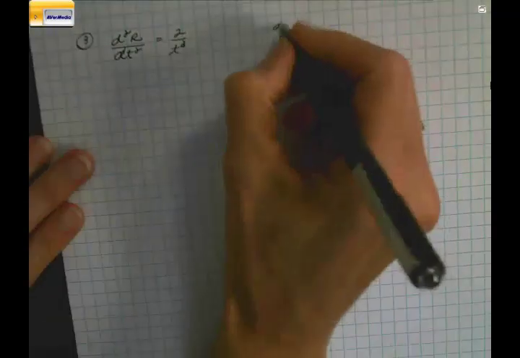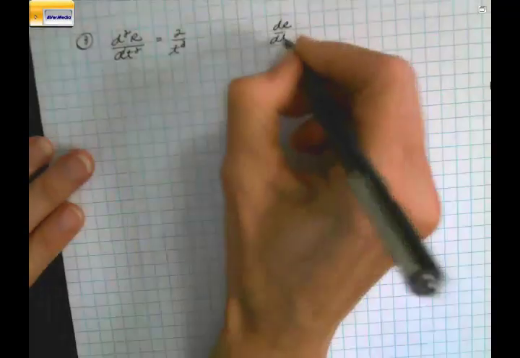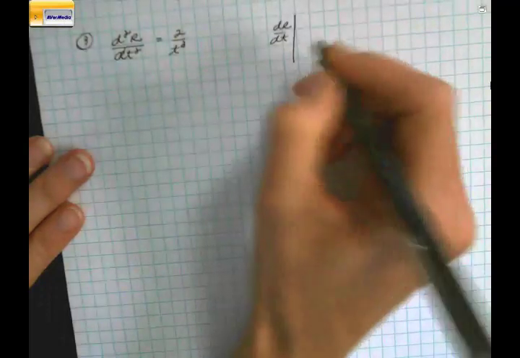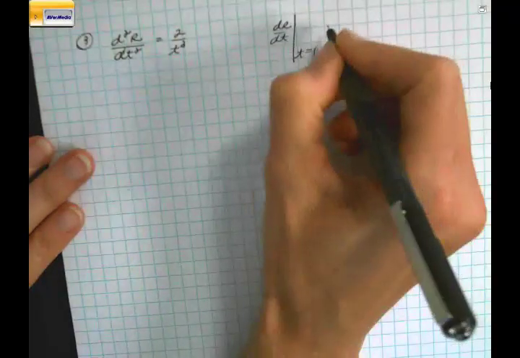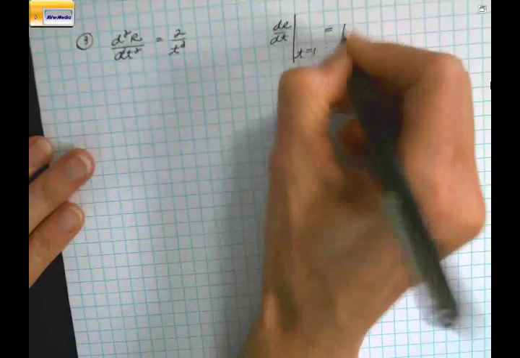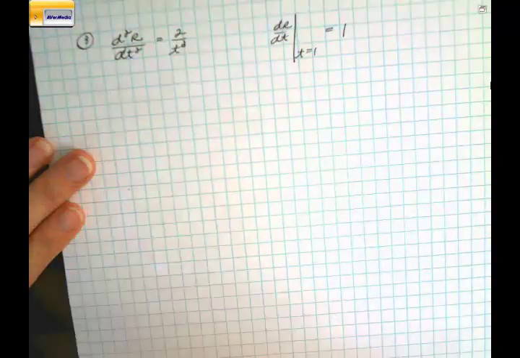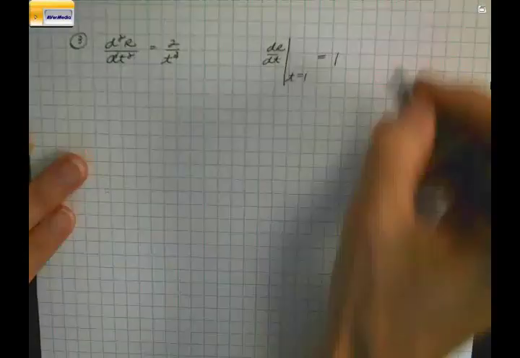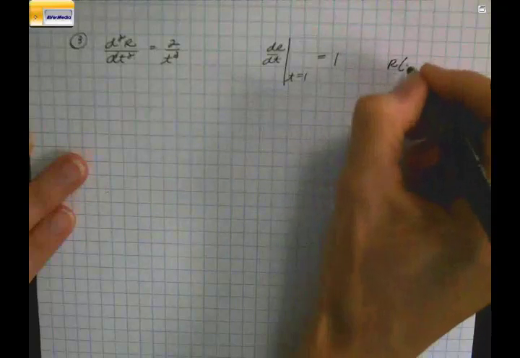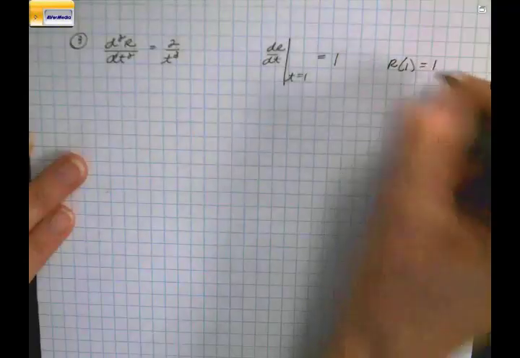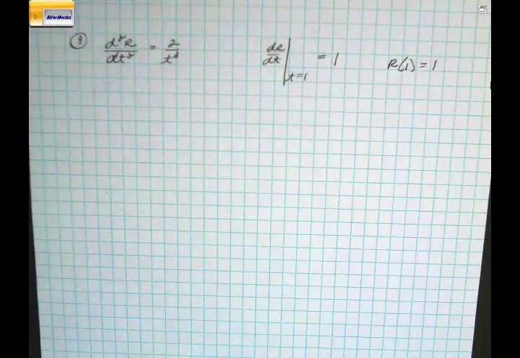Then it says, this is all unusual notation, dr dt evaluated at t equaling 1 is 1. And then these are all your initial values, r of 1 equals 1. There's all your information.